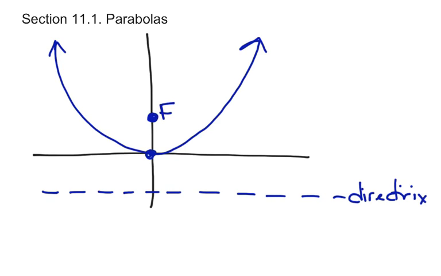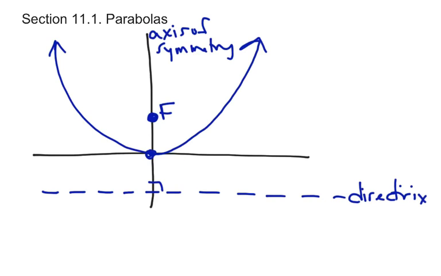So the focus ends up being some point that lies on the inside of this parabola, while the directrix is a line that lies on the outside. And the directrix, I want you to notice, is perpendicular to the axis of symmetry, that line that goes down the center of the parabola and cuts the parabola in half. So this is our axis of symmetry, the y-axis.